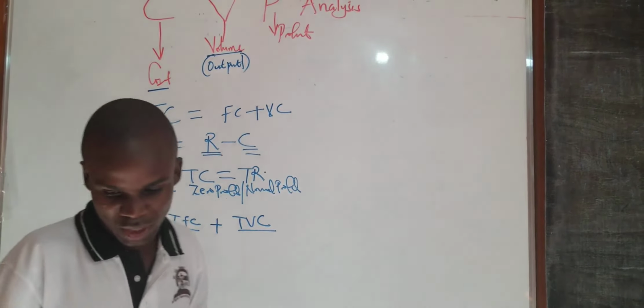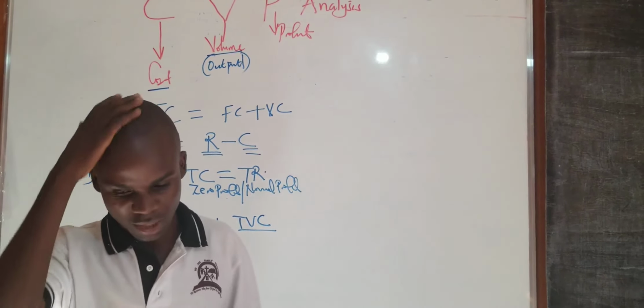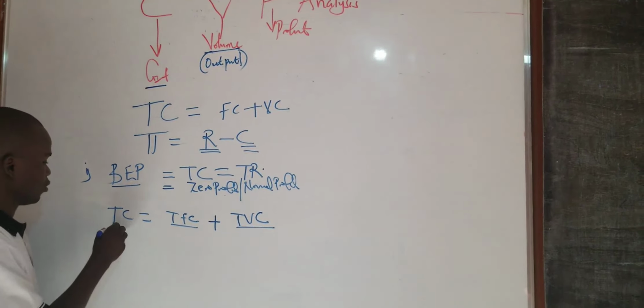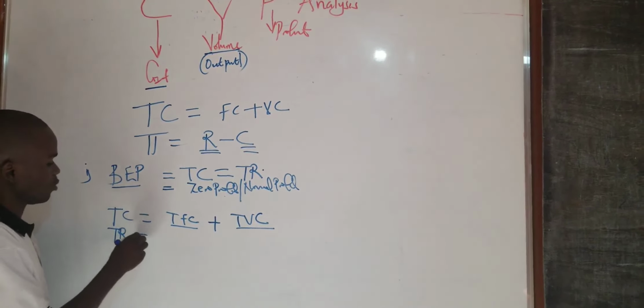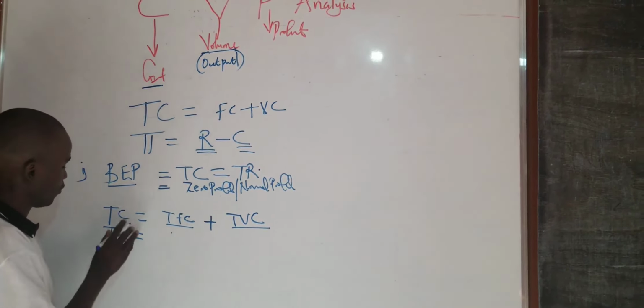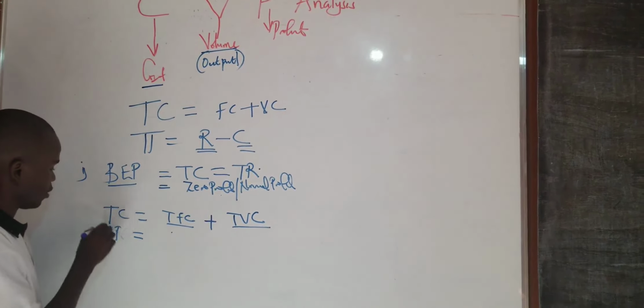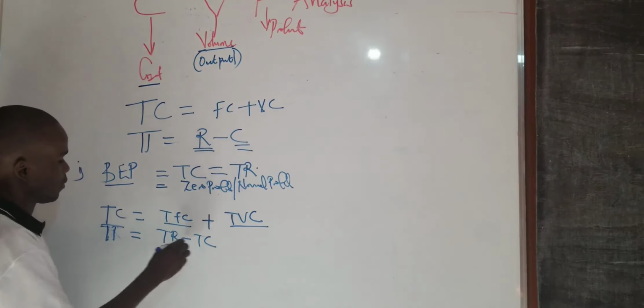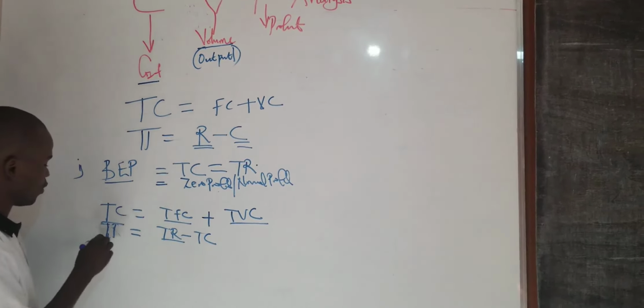So we are trying to derive the BEP. Profit of a firm equals total revenue minus total costs. But what is total revenue? All the earnings you get.